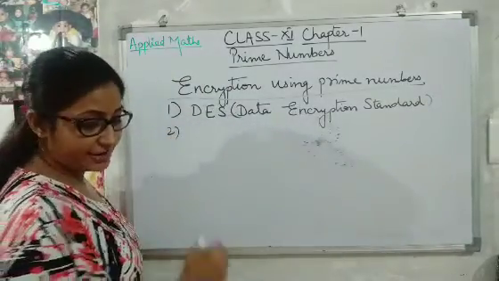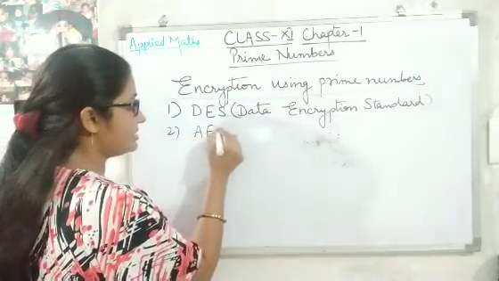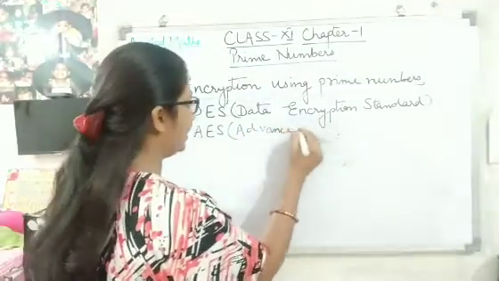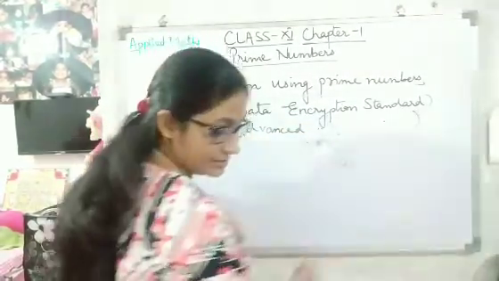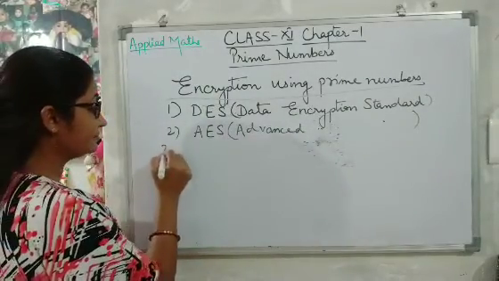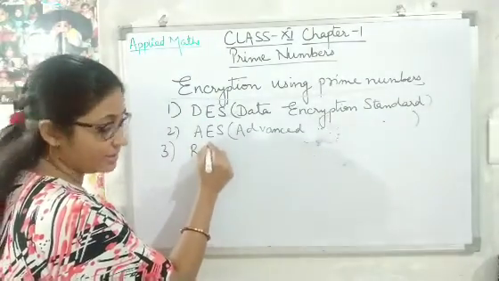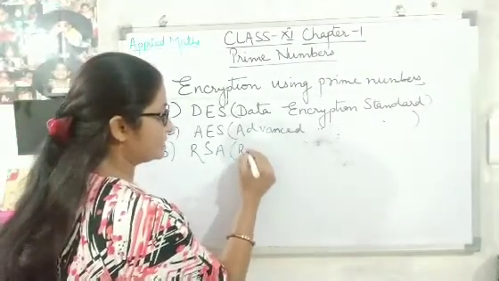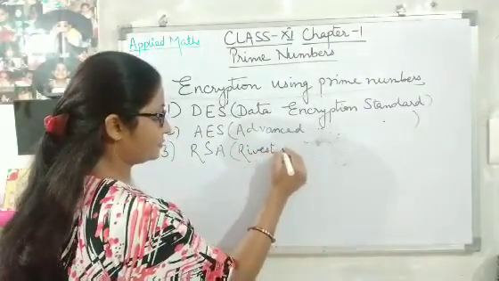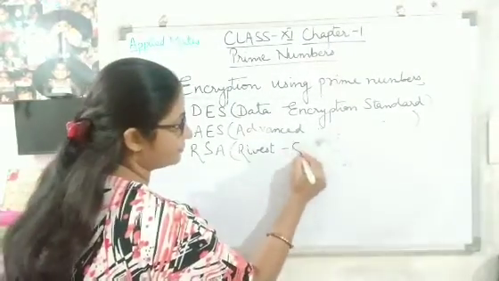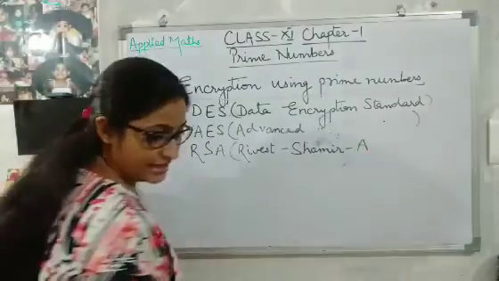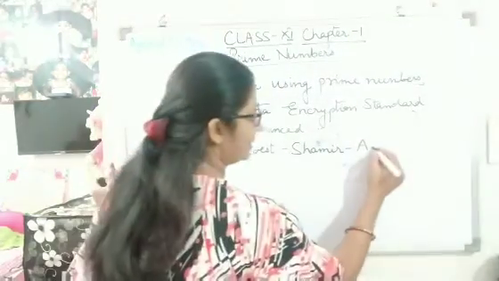The other that we have is AES, which is Advanced Encryption Standard. And the third is called RSA, which stands for Rivest, then Shamir, and then A stands for Adleman.